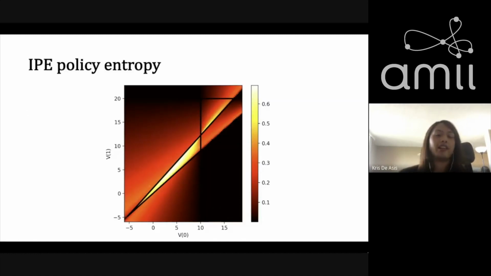We can see that the brighter colors mean higher entropy and more stochasticity. And you can see that if you're outside of the polytope, but you're still kind of near it, it does tend to be stochastic. And there are these really dark regions in the corner corresponding to deterministic policies. Intuitively, the reason that happens is because one value is severely dominating the other value, and then it tends to just throw all of its mass onto that, because that's the best way to satisfy the Bellman equation in those scenarios.